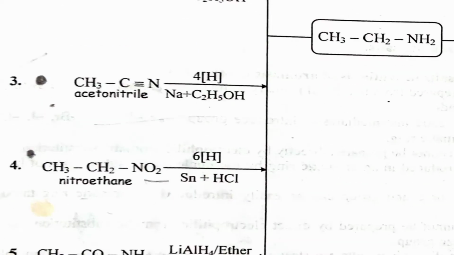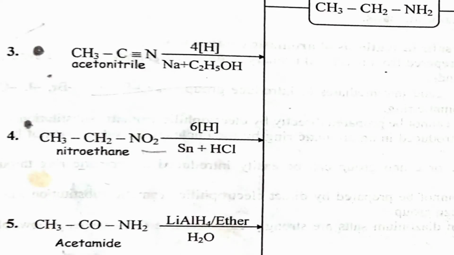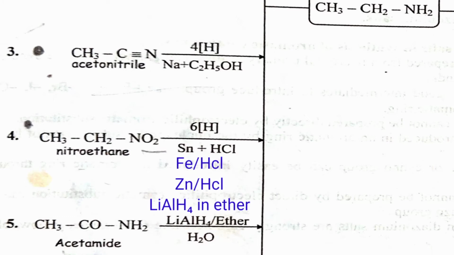Next, again hydrogenation or reduction with hydrogen. The condition here is different, that is tin plus hydrochloric acid. This can also be obtained with iron plus hydrochloric acid, zinc plus hydrochloric acid, or lithium aluminum hydride in ether.